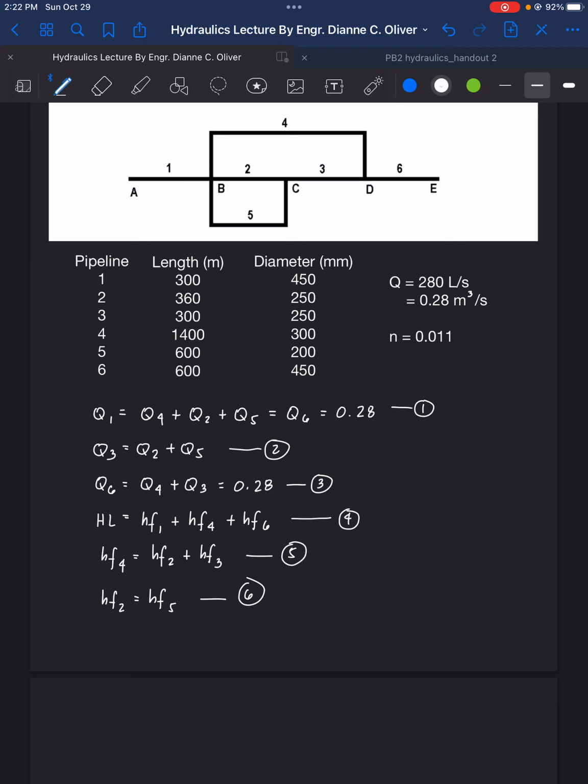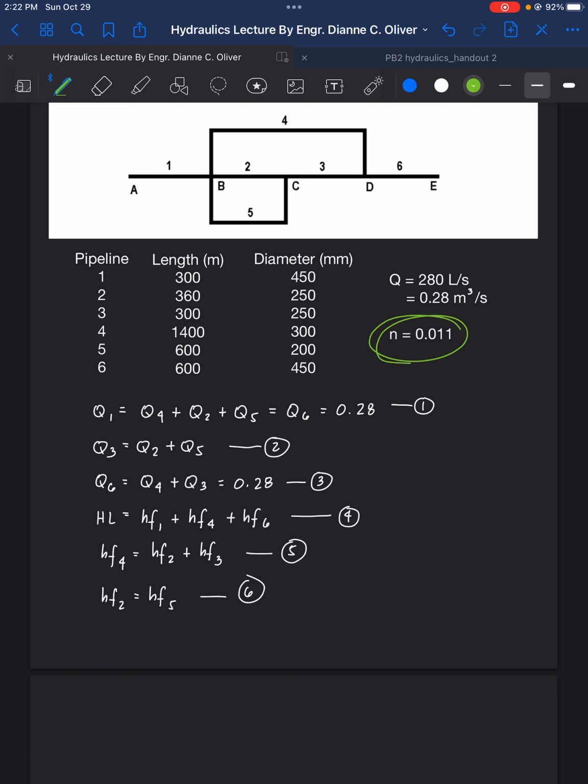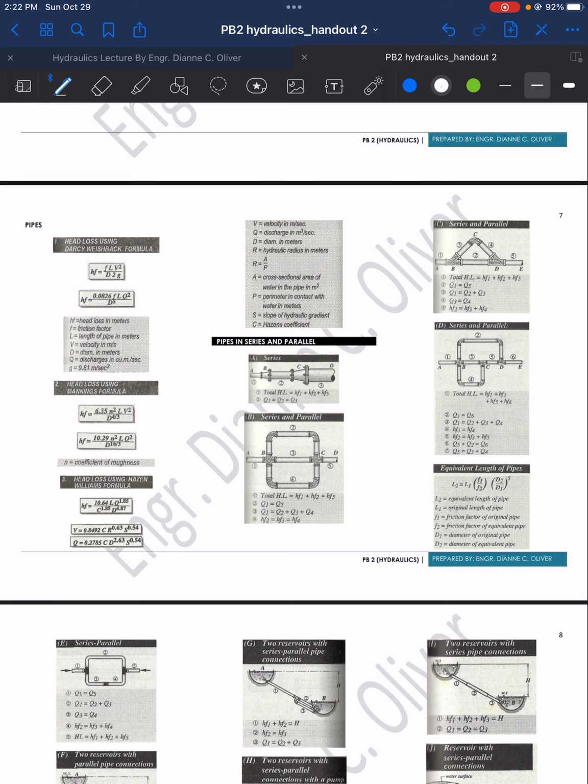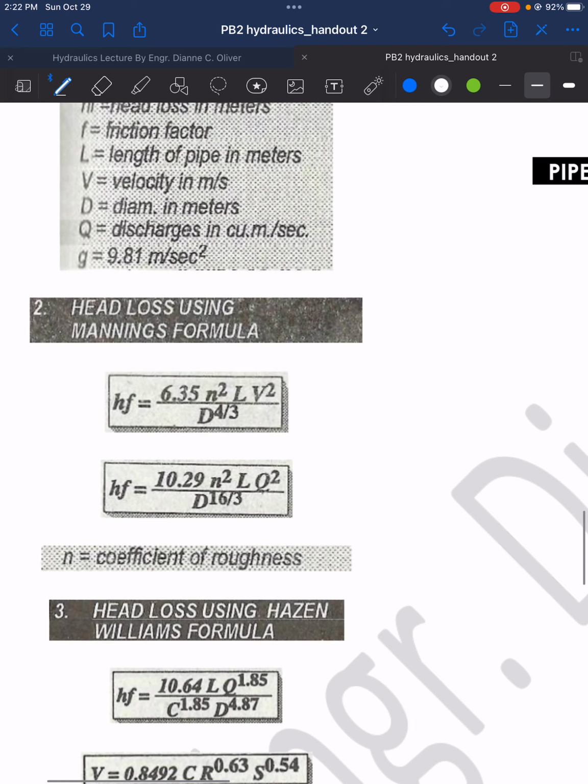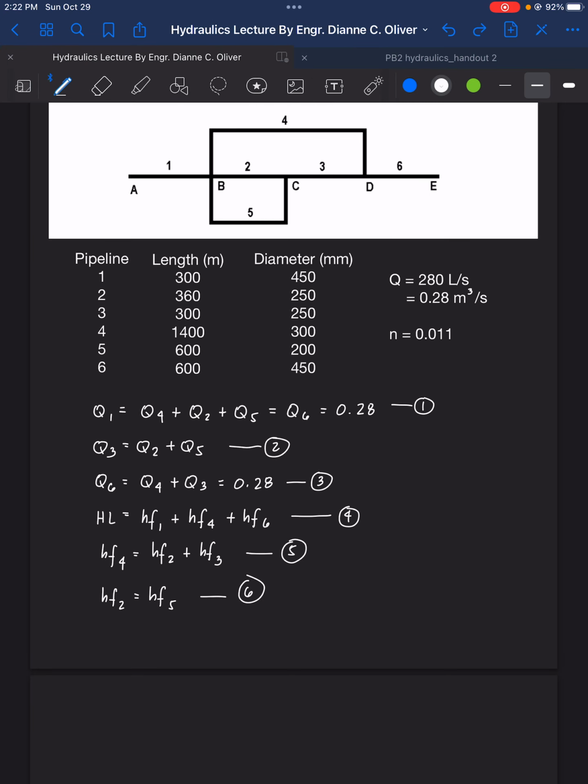Now as for head loss, since we are given the roughness coefficient n, we're going to use Manning's formula, 10.29. So Manning's, wherein HF is 10.29 n squared L Q squared all over D raised to 16 over 3. So this is Manning's formula.